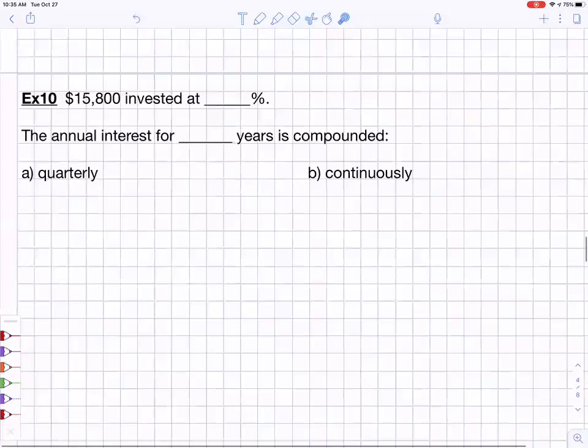All right, so let's take number 10. And let's take $15,800, which I think is a fairly normal price for a vehicle for somebody who's probably well established in a career. Yeah, I do buy new figures. I don't like new things.